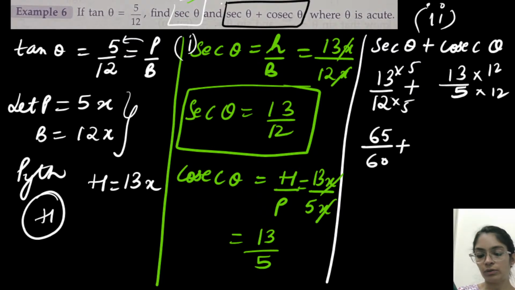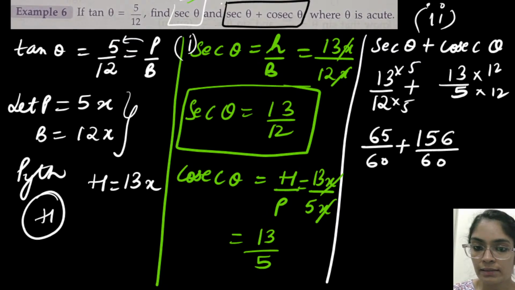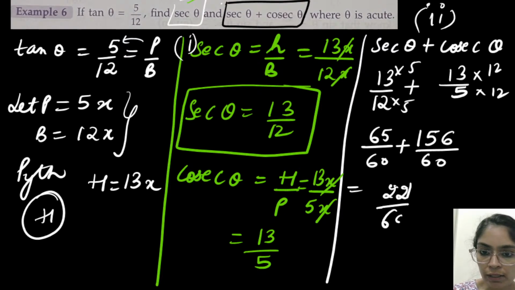Tarunya has given the answer. Many of you are giving me the final answer. Tell me the multiplication of 13 into 12. 156. So 156 by 60. After adding them, we will get 221 by 60.